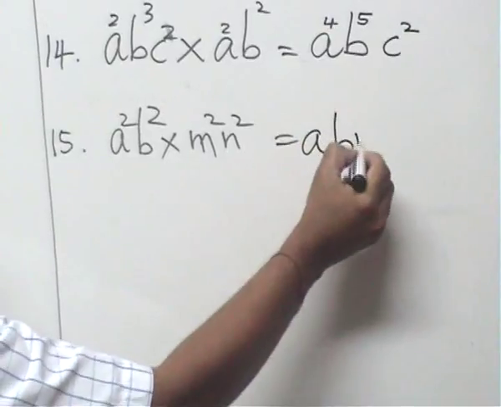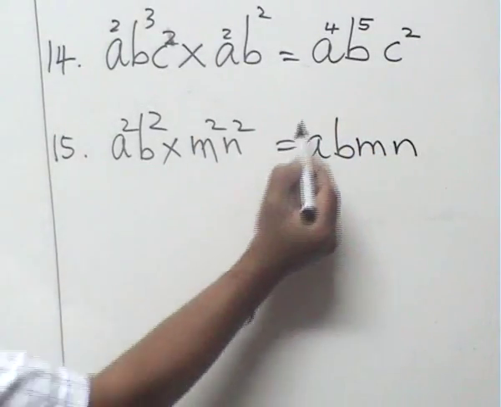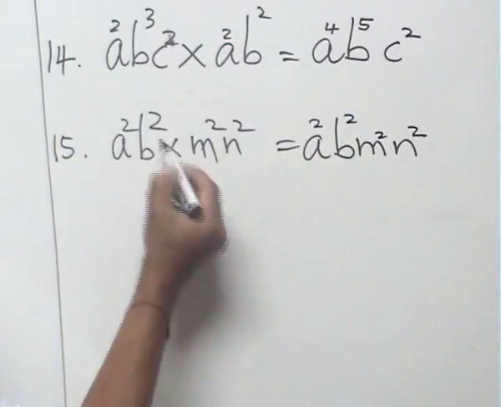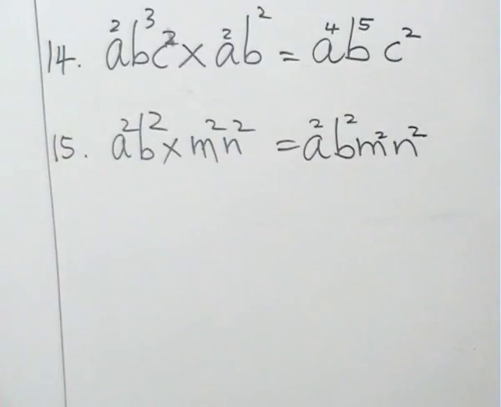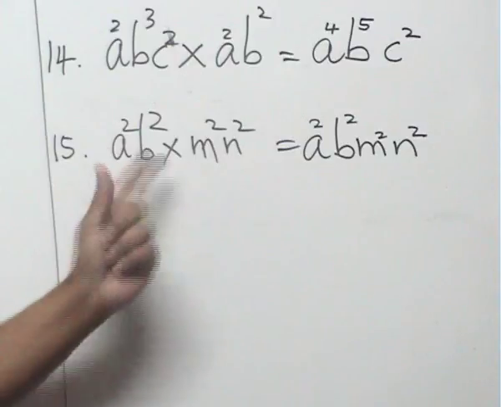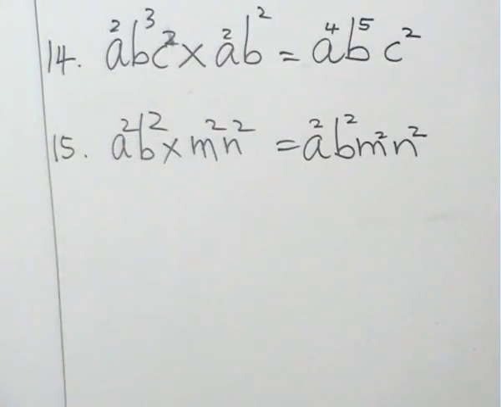A, B, M, N. You're allowed to write them next to one another like that, and just give them their own indices, where all of them happen to be squared. So we can't add the indices here because the bases are different. So all the bases are written down again, and each one's index remains with it.